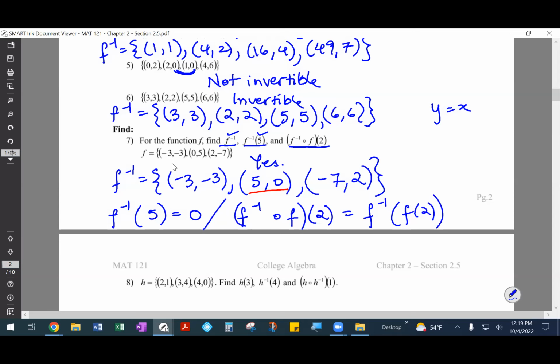So can you tell me what f of 2 will give us? So that's the original function f, right? Go ahead, Jen. Yeah, very nice, because again, f of 2 is talking about this ordered pair over here. So f of 2 gives us -7. And this becomes the input for the inverse function. And what is f inverse of -7?